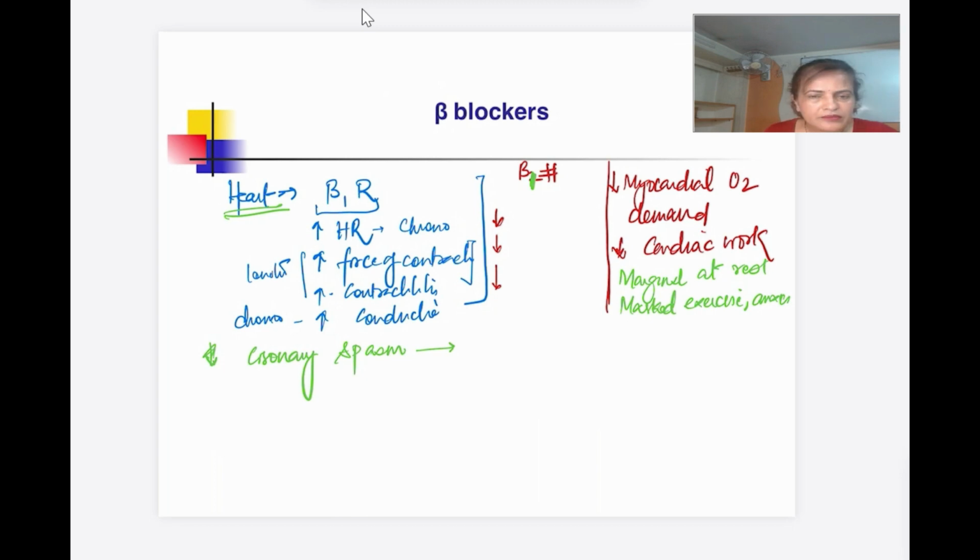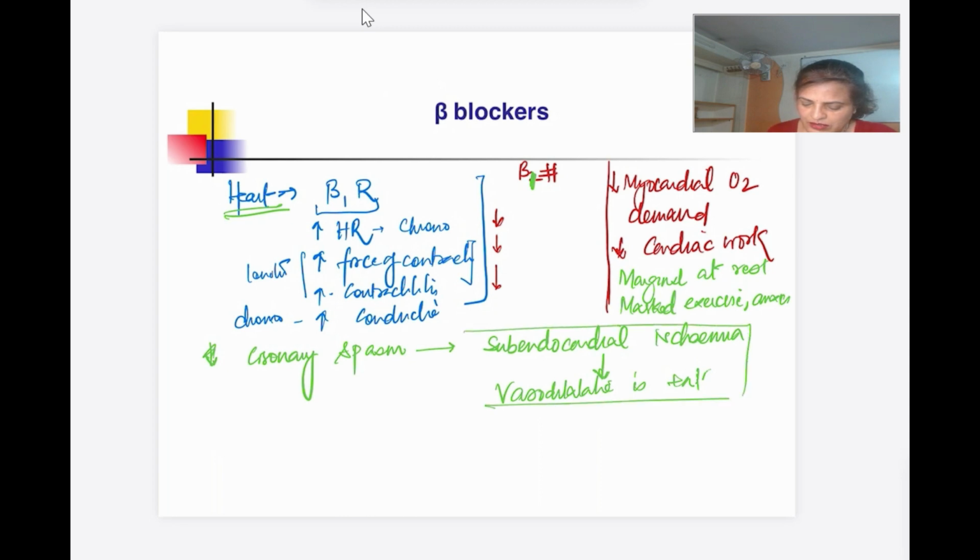But in the subendocardial region, where ischemia is there, vasodilatation is already there because of ischemia, so it is not going to affect much. But this effect is marked: they are going to decrease the myocardial oxygen demand and decrease the cardiac work.